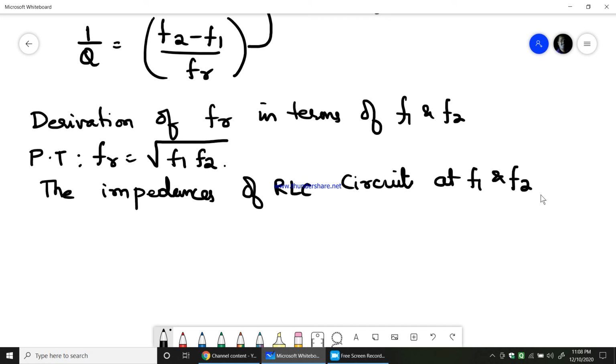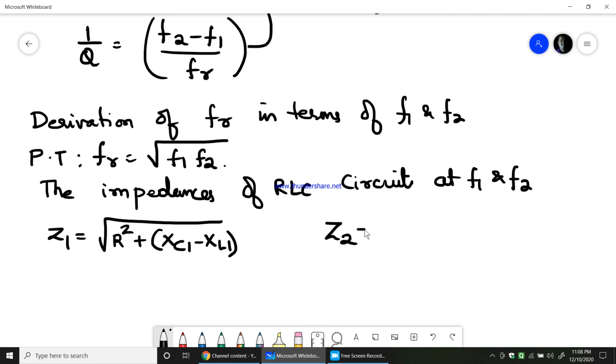At f1, z1 would be equal to square root of r square plus xc1 minus xl1 the whole square, the impedance at frequency f1, whereas z2 is the impedance at frequency f2, which can be written as square root of r square plus xl2 minus xc2 the whole square.